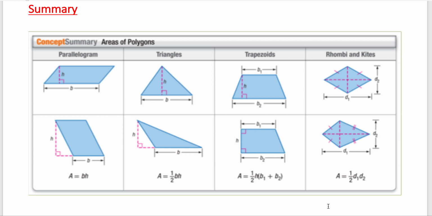Pause it here and write it down. We haven't covered trapezoids. Put it in here as well because we will do trapezoids later on. It's another of the exercises that we're going to be doing, so it's good if you have it already in your summary. But the exercises that you're going to be doing in JAC Plus are going to be based on the parallelogram, triangles, and rhombi and kites.